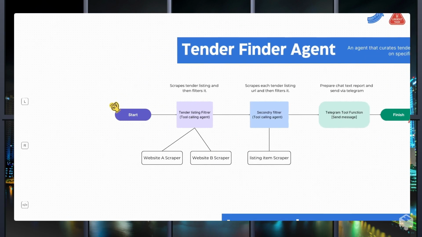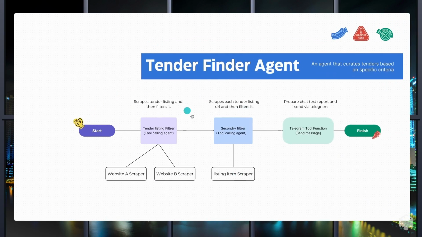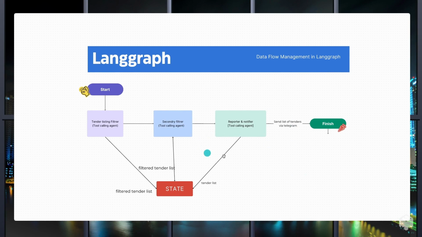Now that I've defined the roles of each agent and the architecture of the system, let's see how Tender Listing Filter sends the data to the second filter. Since I'm using LangGraph to build the agentic system, LangGraph has this thing called state management. You could think of it as some kind of a variable if you're a programmer. After the Tender Listing Filter performs the first filtering process, it would save the filtered tender list in the state.